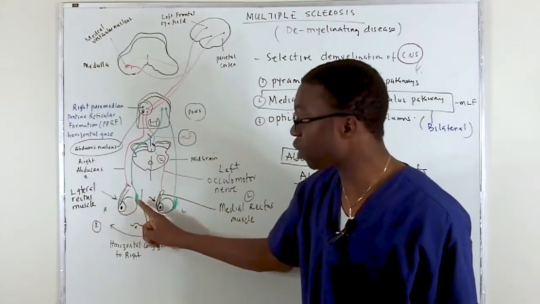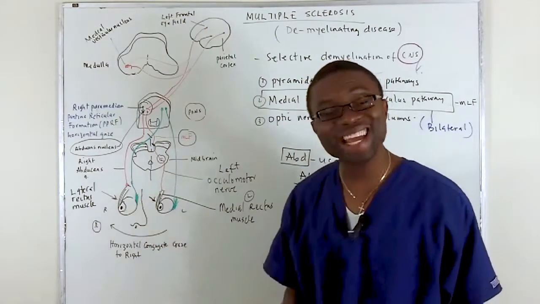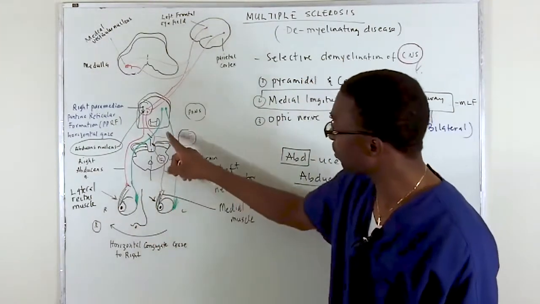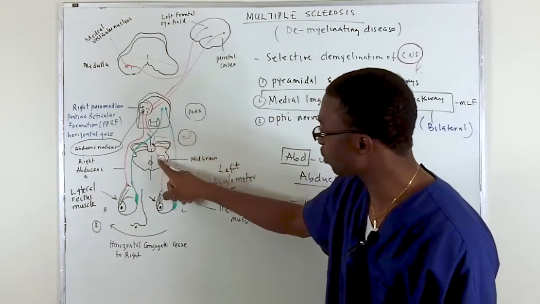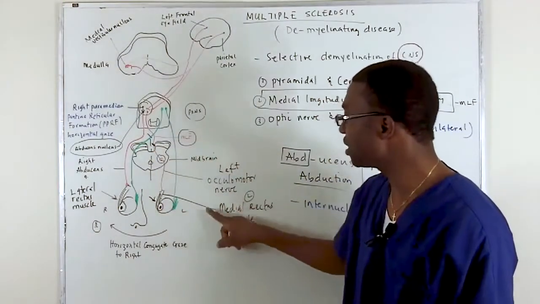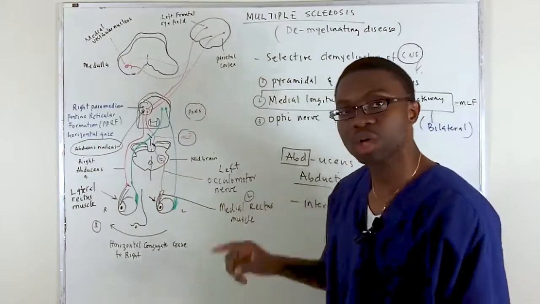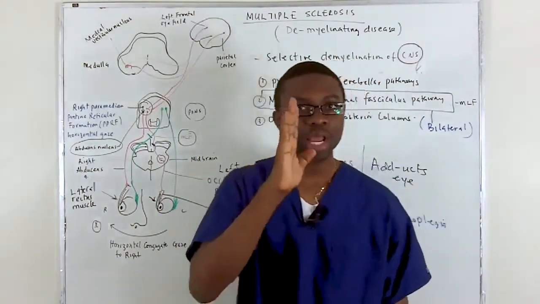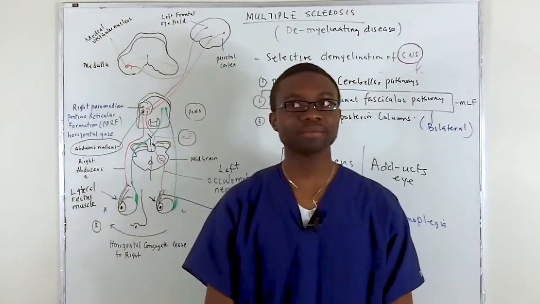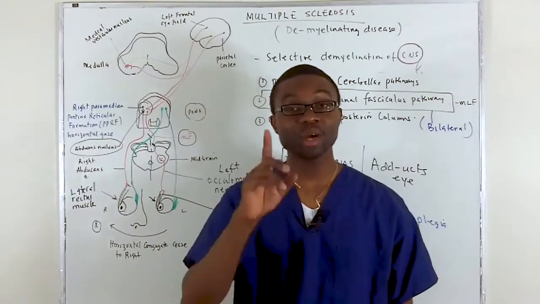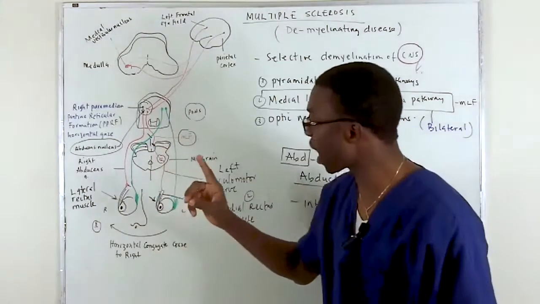The patients now will have a problem with what? Adducting. Because remember, let's look at MLF again. MLF goes all the way to the medial rectus muscles. So when I tell the patient to look to the right, they will be able to abduct. Why?